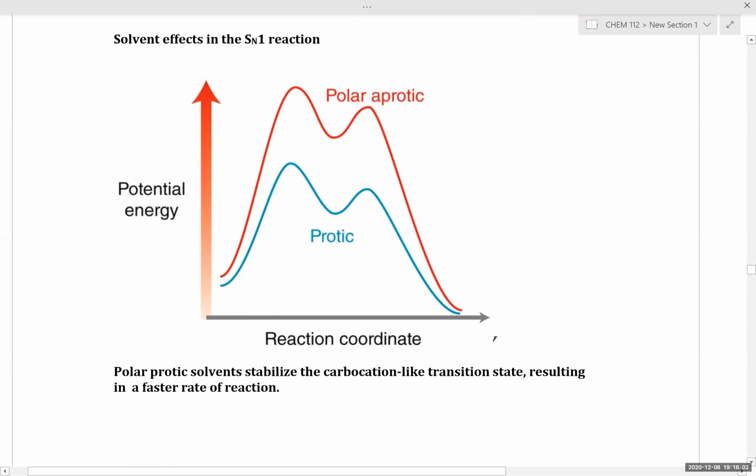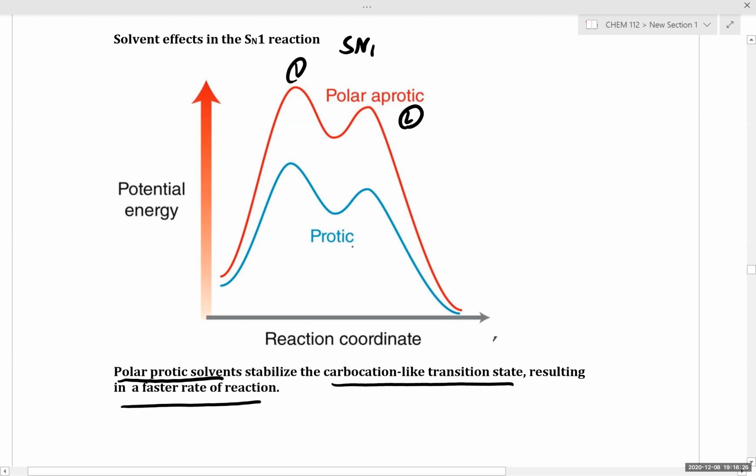So let's talk a little bit about solvent effects in the SN1 reaction. So polar protic solvents stabilize the carbocation-like transition state, resulting in a faster rate of reaction. So if we compared the energy diagrams for aprotic versus protic solvent conditions for the SN1 reaction, we could tell it's an SN1 reaction because we have two unique steps.